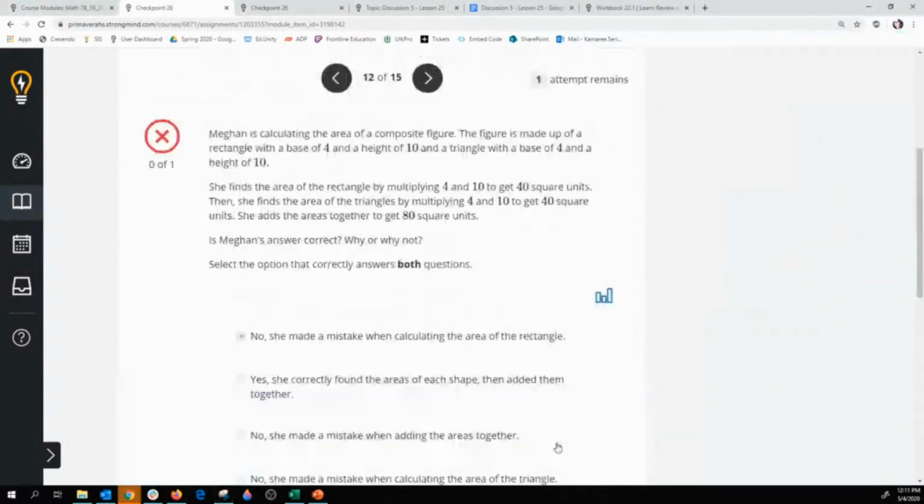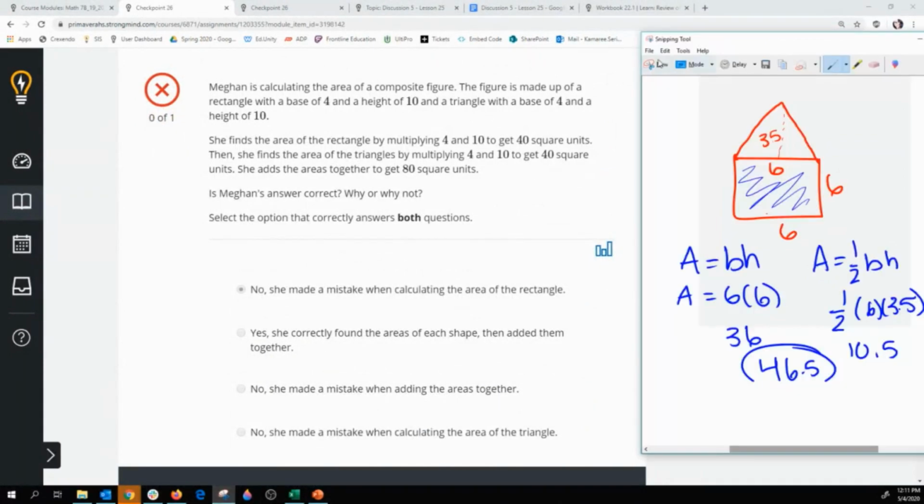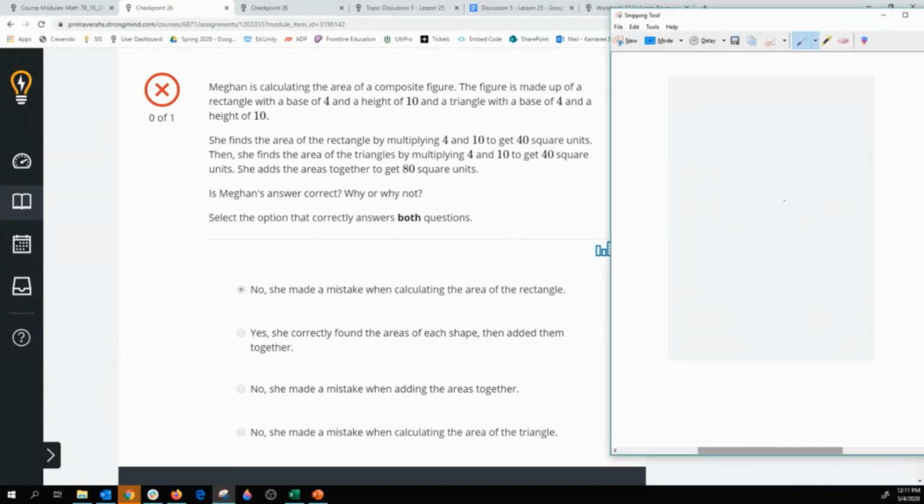Alrighty. 12. 12 is talking about Megan. Let me grab some clean space here. So on the 12th question, it says that Megan is calculating the area of a composite figure, and the figure is made up of a rectangle with the base of 4 and a height of 10, and a triangle with the base of 4 and a height of 10.